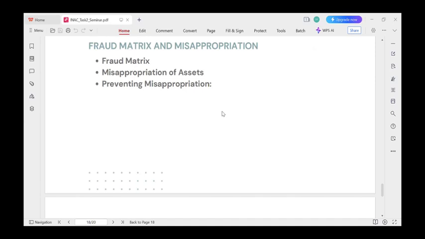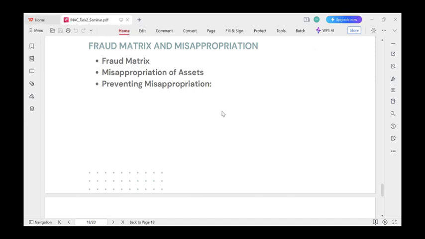Okay. So let me just talk about a couple of examples, and then we'll have a look at a fraud matrix. All right, so how can we identify potential frauds? The first thing we're going to do is list down all possible fraud scenarios. For example, in a sales system, a potential fraud could be issuing an unauthorized discount.